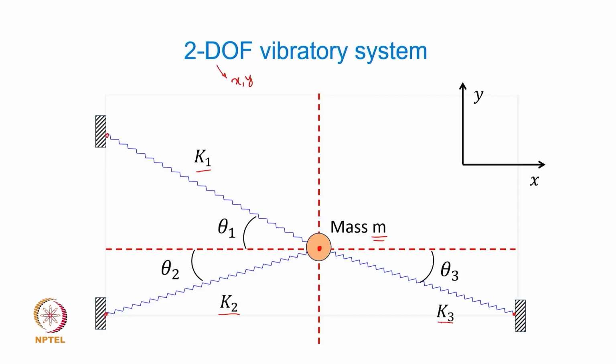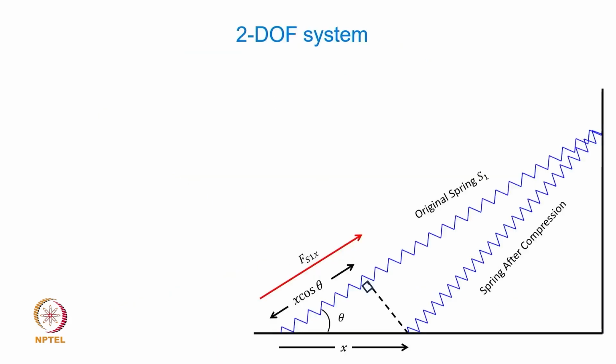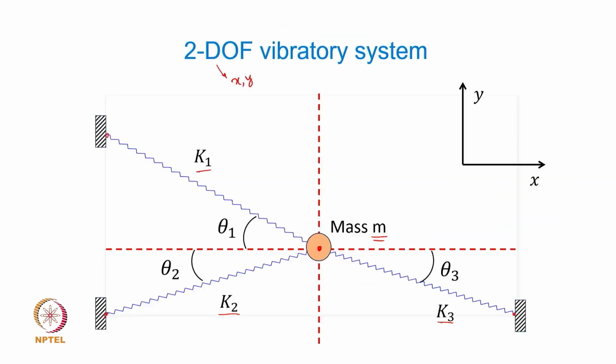Now, how do we analyze this problem? We will have to get the free body diagram, as we usually do, isolate this mass and look at its free body diagram, and then arrive at the governing equation of motion, either using an energy method like Lagrange's, or you can use the Newtonian approach.